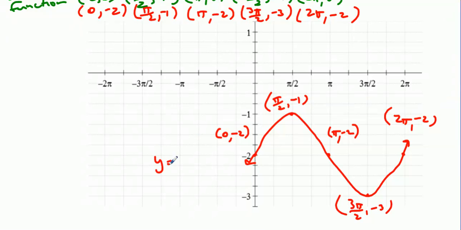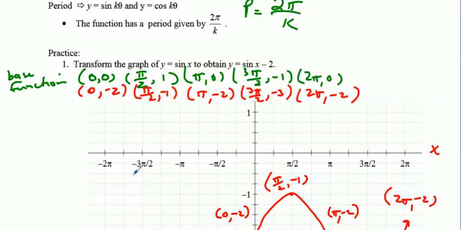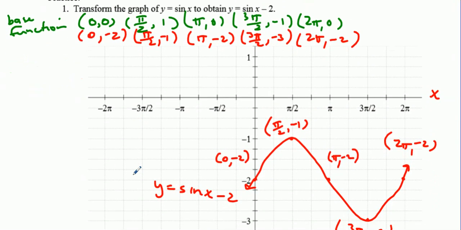And y equals sine of x minus 2. So this is x, and this is y, according to the way this was written. Try and stick with the correct variables on here.